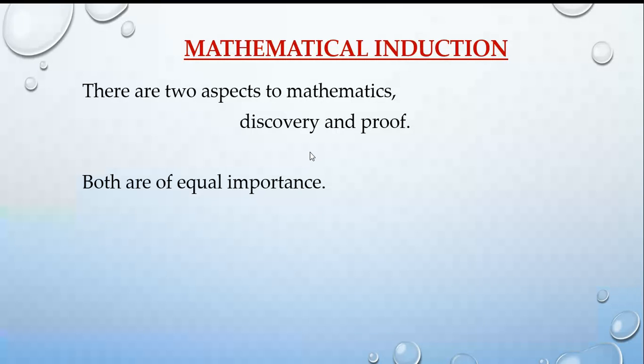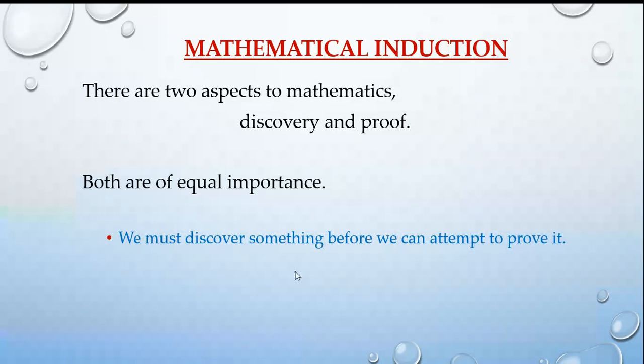But how can you say that this equation is right or wrong? Without proof you can't say that the equation you use is right or wrong. So both things are important in mathematics, discovery and proof.